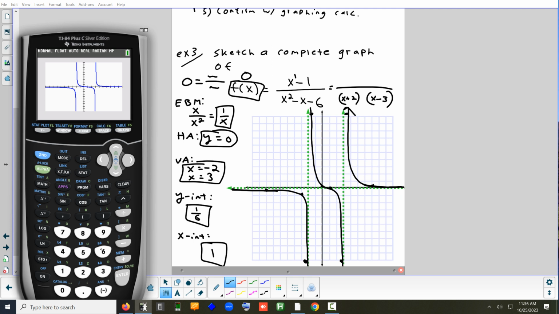I thought it was a little flatter, but that's the idea of your graph. That's a pretty typical graph when you have two vertical asymptotes and one horizontal asymptote. Any questions on that one?